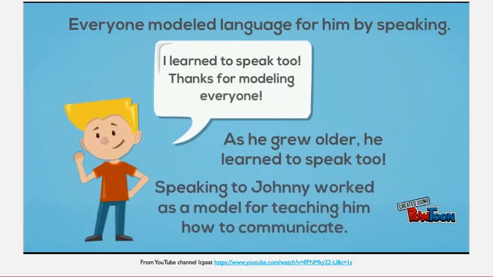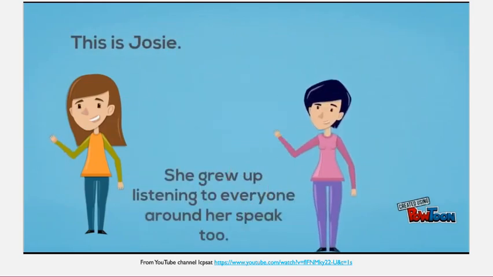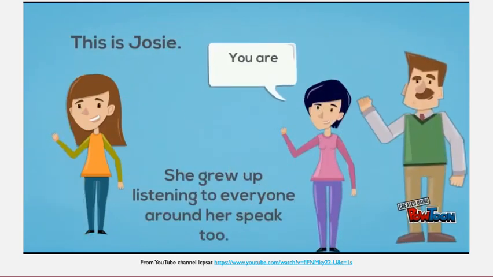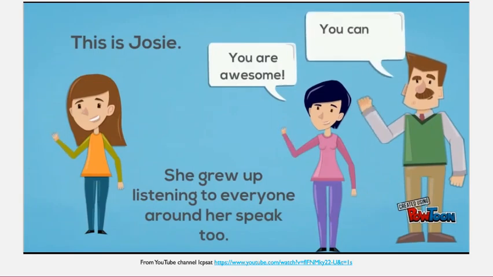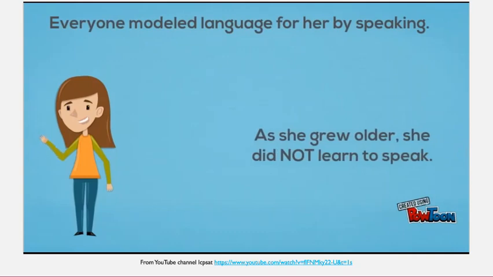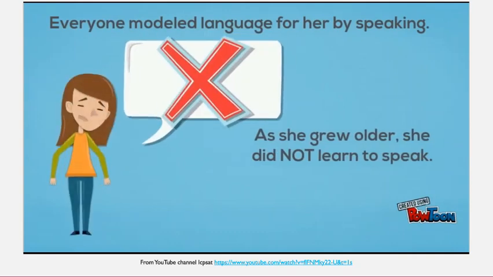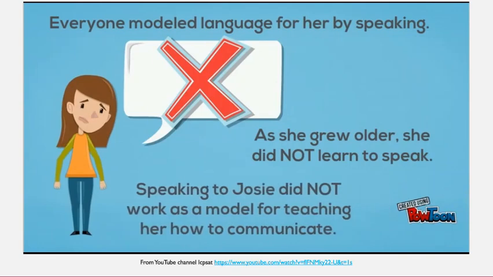Speaking to Johnny worked as a model for teaching him how to communicate. This is Josie. She grew up listening to everyone around her speak too. Everyone modeled language for her by speaking. As she grew older, she did not learn to speak. Speaking to Josie did not work as a model for teaching her how to communicate.